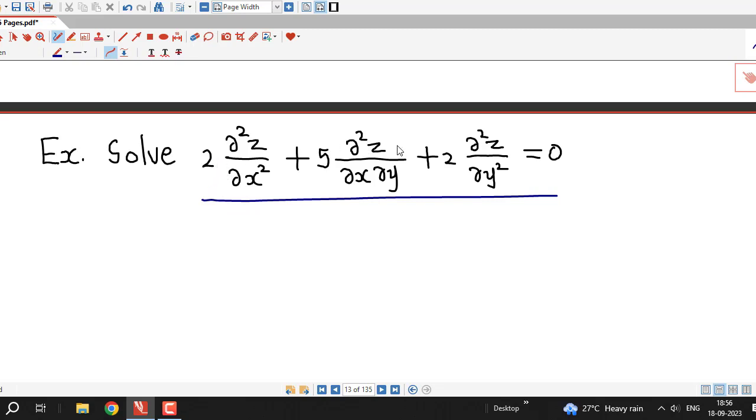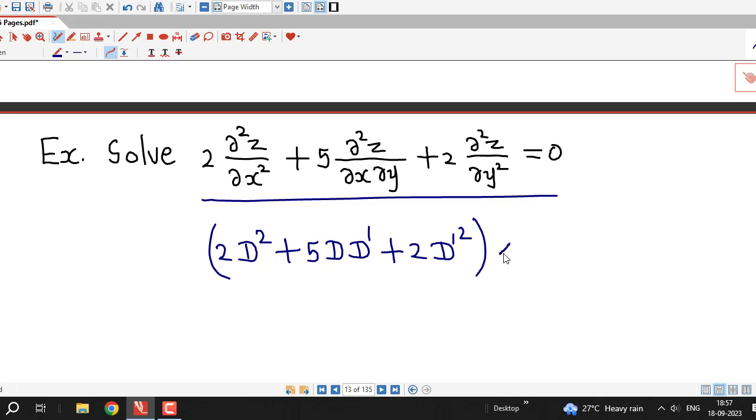You can see all the coefficients are constant, and we can rewrite this in terms of D and D'. Here we have second order partial derivative with respect to x, so I am writing D square. Then here I have both the partial derivatives, with respect to x and with respect to y, and here I have second order partial derivative with respect to y.